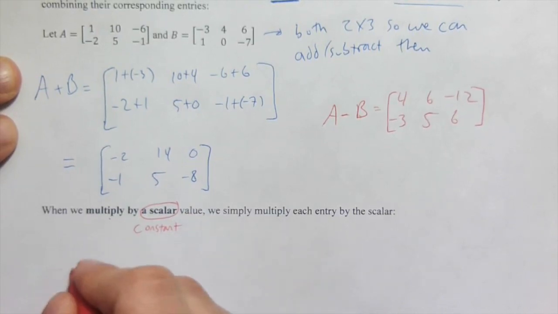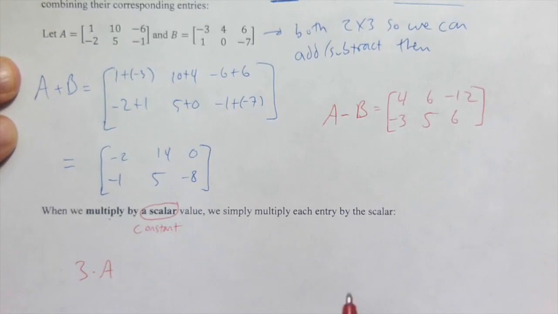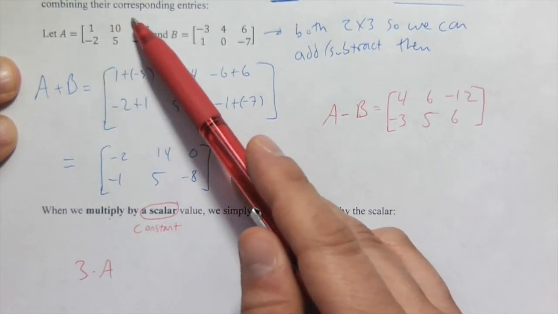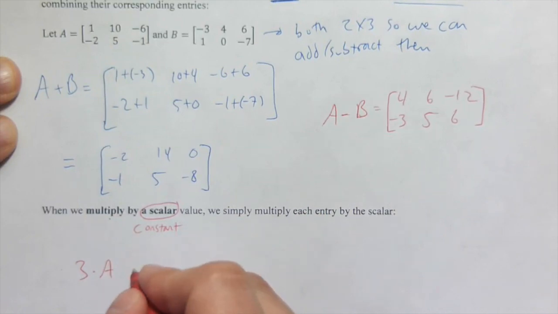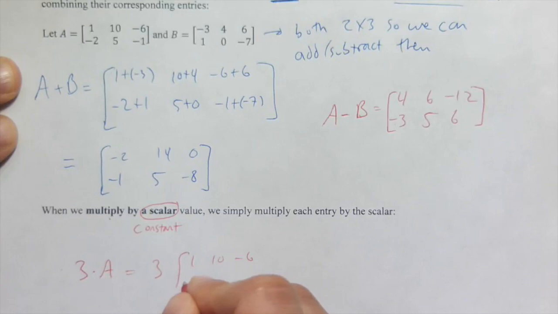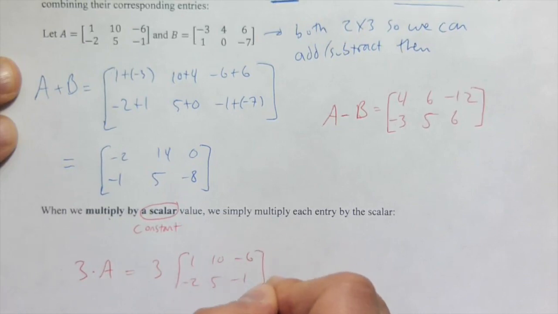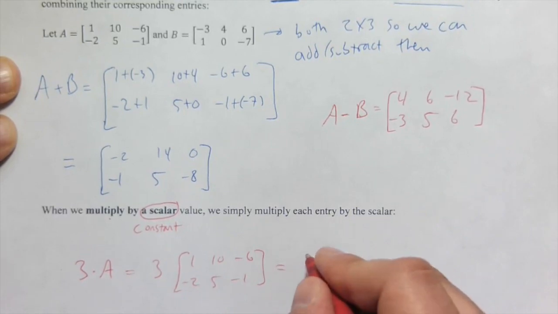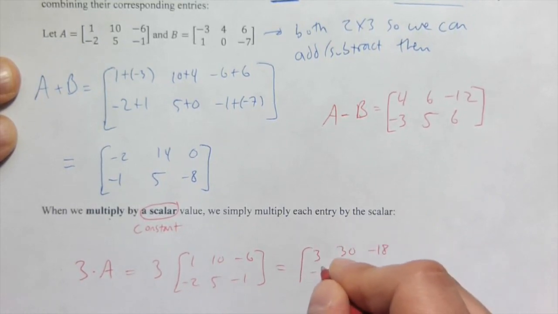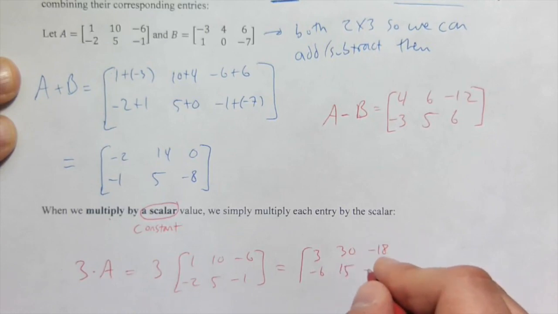So for example, 3 times A, if you wanted to multiply this matrix A by 3, you would just take each one of these entries and multiply it by 3. And so that would be 3 times that matrix. Again, each one of those entries gets multiplied by 3. And so we end up with 3, 30, minus 18, minus 6, 15, minus 3.